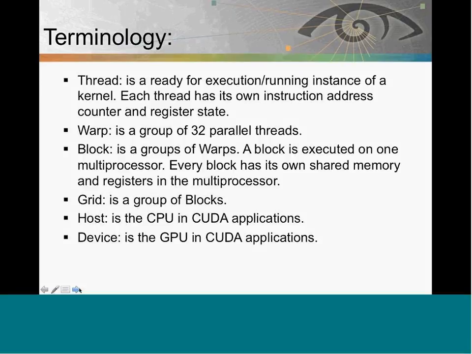Block is a group of warps, and the block runs on one multiprocessor. The group of blocks is a grid. So you have this thread, warp, block, and grid.